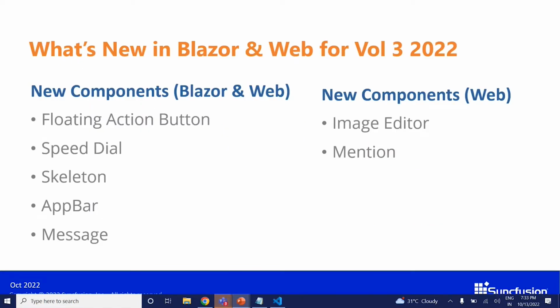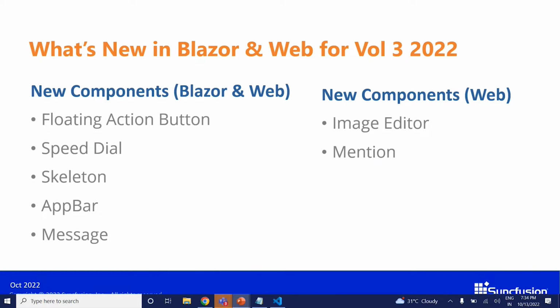So what's new in Blazor and Web for this Volume 3 2022 release? In the Blazor platform, we have introduced five new controls: floating action button, speed dial, skeleton, app bar, and message component. So these are the five components that are newly introduced in Blazor.